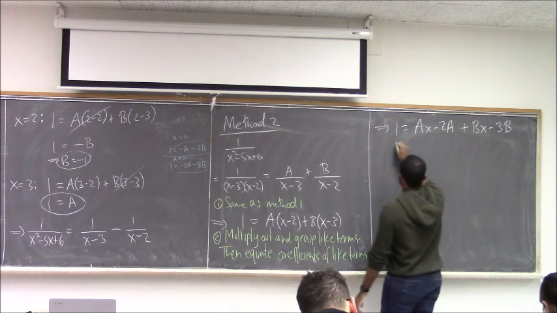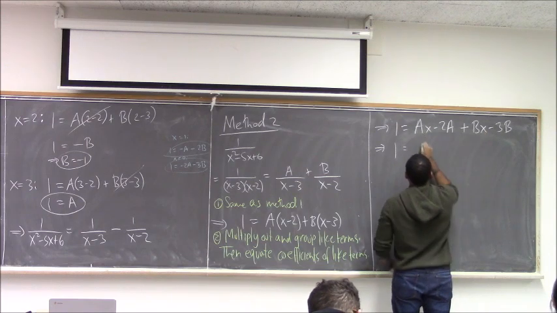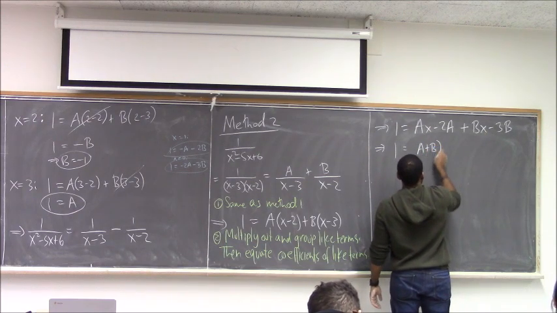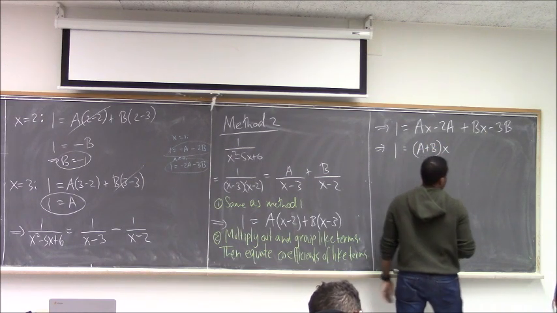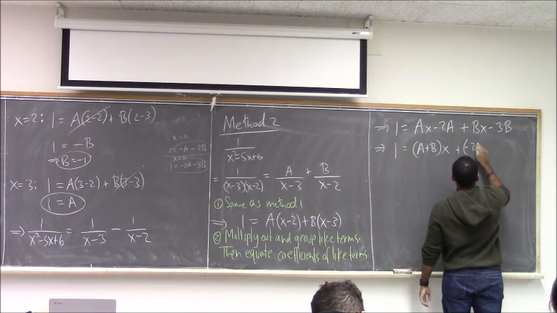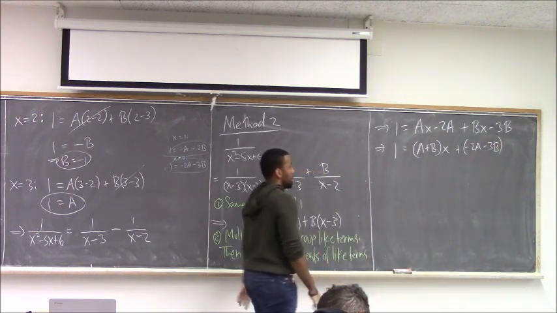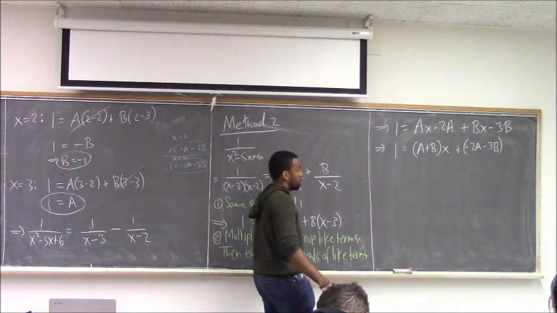I'm going to group like terms. So the x's are like terms. This is a plus b x. And these guys have no x's. Those are like terms. So this is minus 2a minus 3b together. So I group like terms.